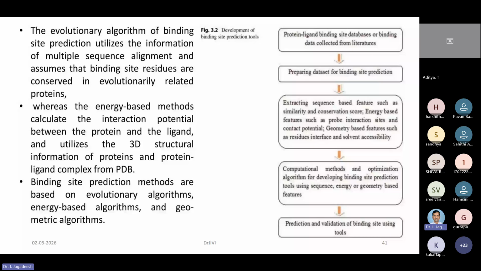So binding site prediction methods are based on evolutionary algorithms, energy-based algorithms and geometric algorithms. The geometric algorithm is also very much important because the pocket is not even. It has ups and downs, peaks and valleys, and it is irregular in shape.